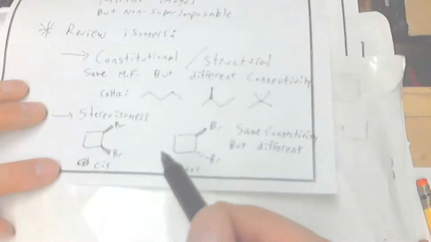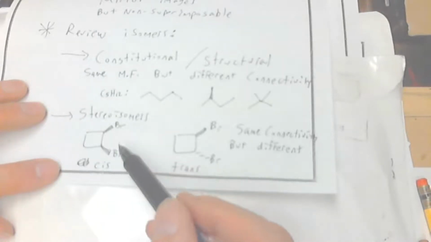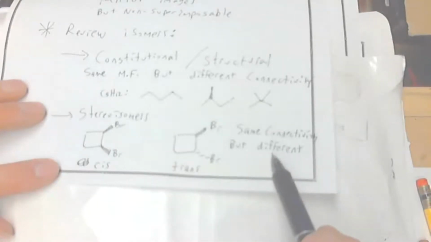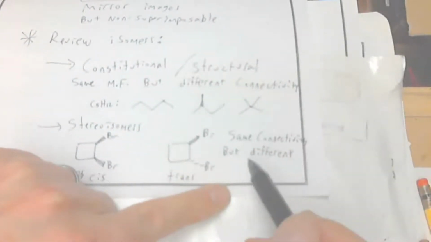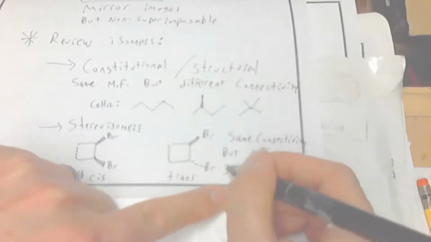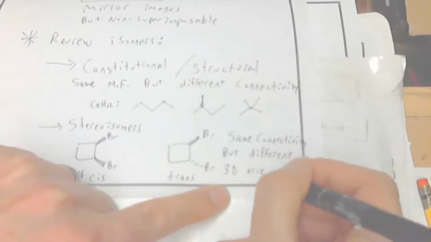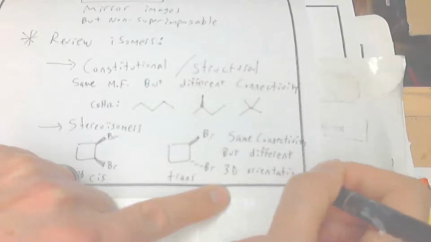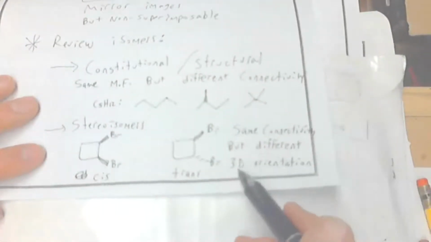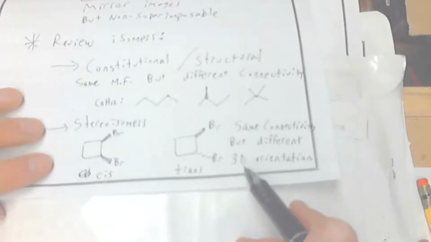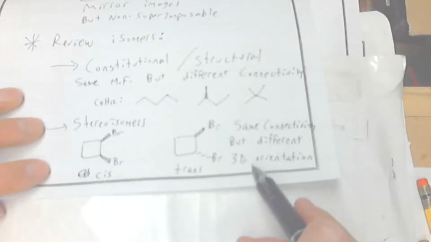That's a good way to say it. I like to say different three-dimensional orientation, 3D orientation. Spatial, 3D, all those are the same way to say it. So that's the concept of what a stereoisomer is, okay?